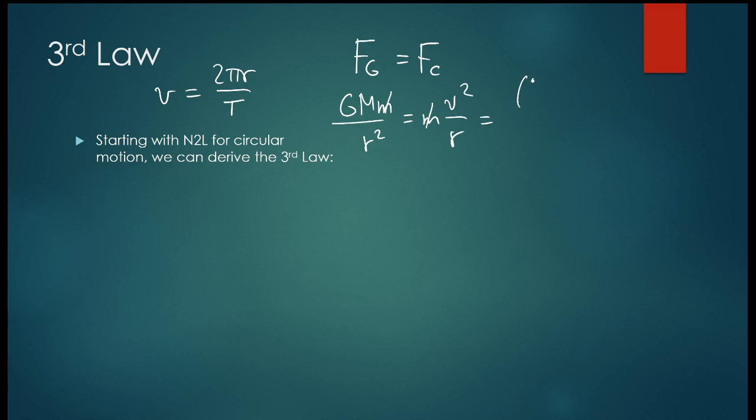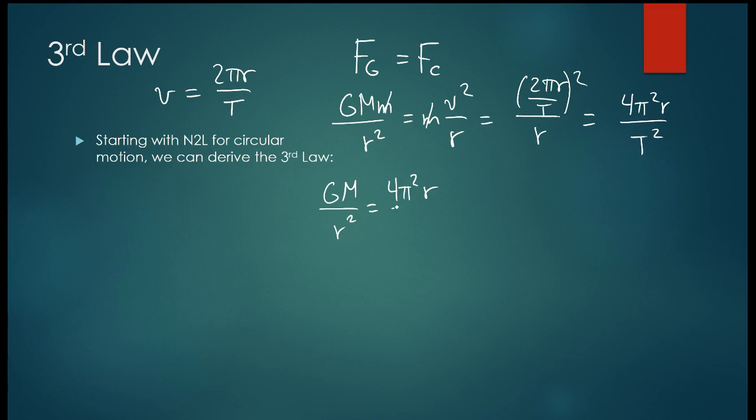So that's going to be 2 pi r over T, squared, over r, which is going to be 4 pi squared r over T squared. So we have GM over r squared is equal to 4 pi squared r over T squared. And then we can rewrite this as GM over 4 pi squared is equal to r cubed over T squared.